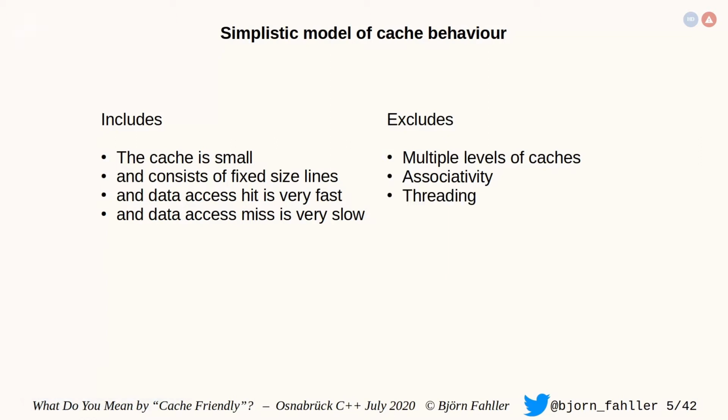And also, this excludes threading, and threading can really be a difficult thing when dealing with caches, because on most CPUs today you have, like I said, a hierarchy of several levels of cache, and usually you have one level 1 cache per CPU core.